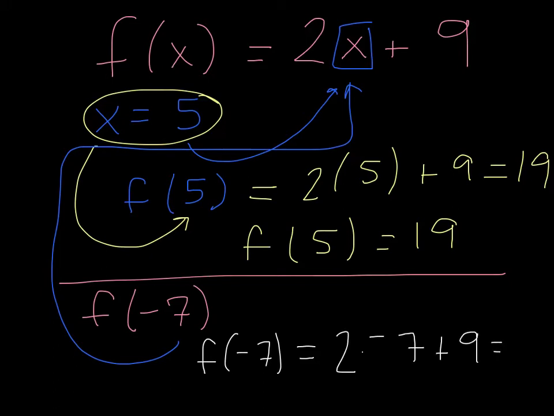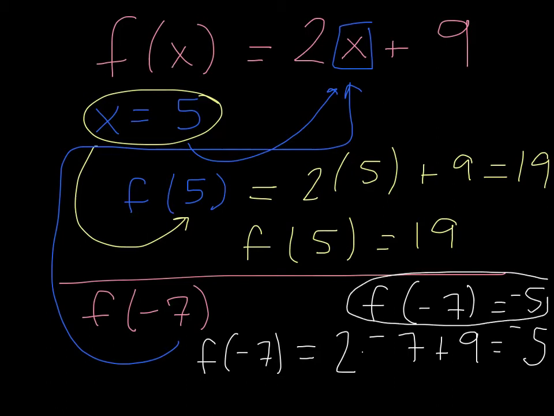Negative 14 plus 9 is negative 5. So the f of negative 7 equals negative 5. And before we would have said when x was negative 7, y would have been negative 5. It's the same thing. It's just a different language to describe the same relationships.